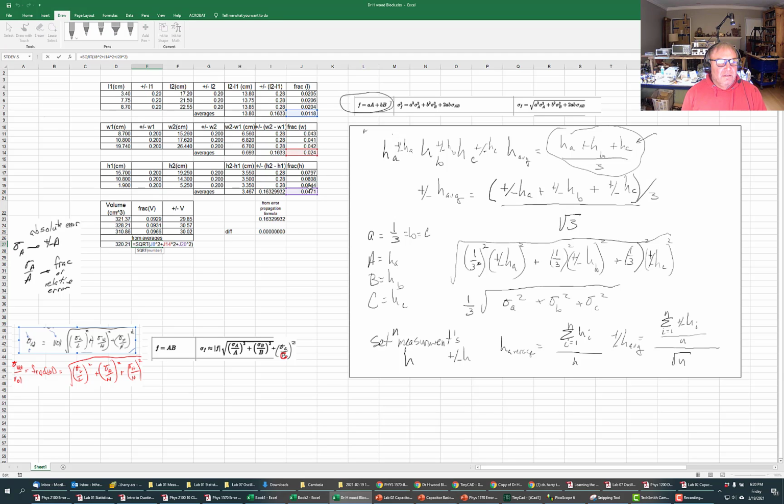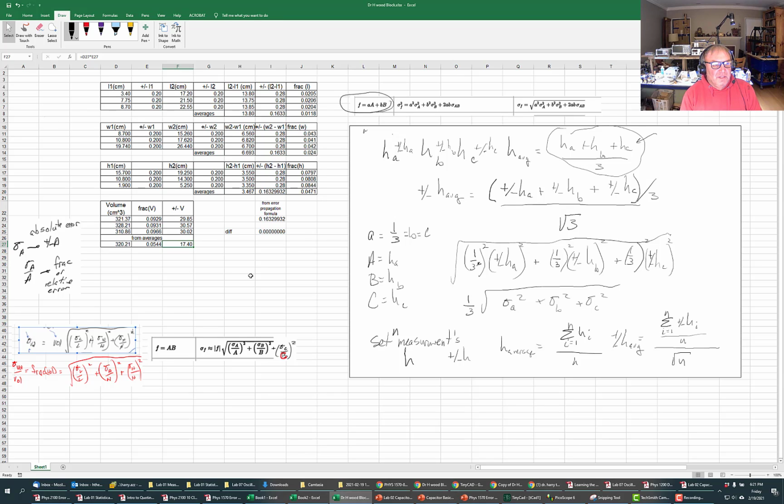There it is, see? And then that got us our fractional error, and we noticed, lo and behold, we improved ourselves by almost a factor of 2. In fact, the square root of 3 is actually 1.7, so that's why it's almost 2. Isn't that interesting? So that's what averaging buys us.